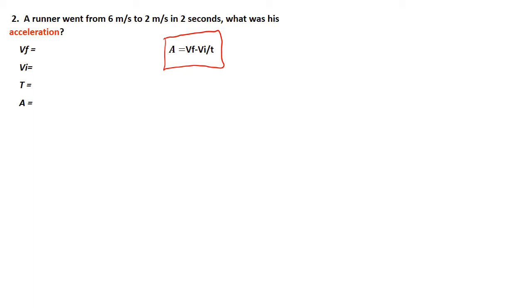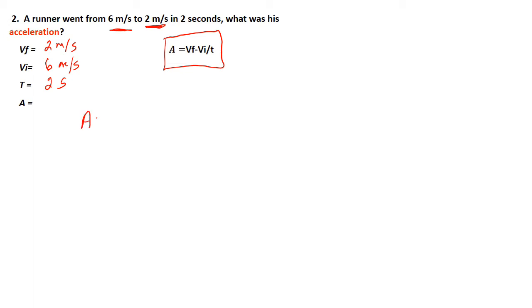Remember, the final velocity is the last recorded speed, so in this case it would be 2 meters per second. The initial velocity would be the first recorded speed, so this would be 6 meters per second. Time would be 2 seconds.